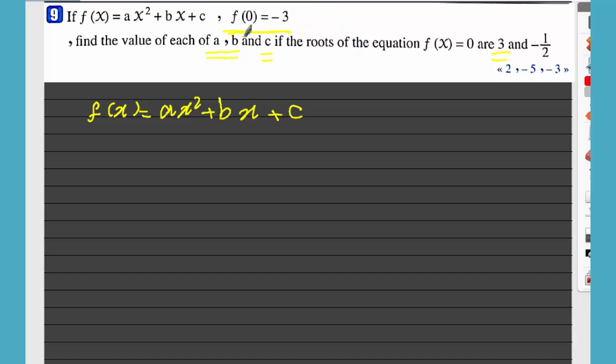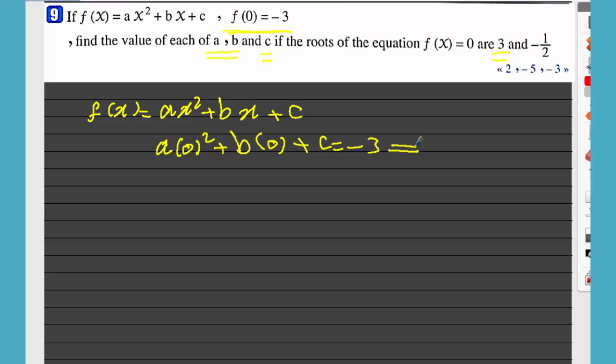We have f of 0 equals negative 3, right? What does that mean? When you substitute x equals 0, you will get negative 3. So a times 0 to the power 2 plus b times 0 plus c equals negative 3.